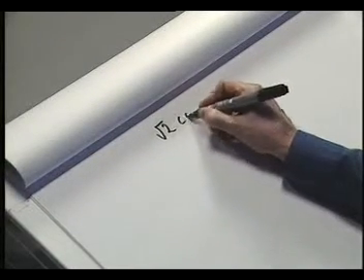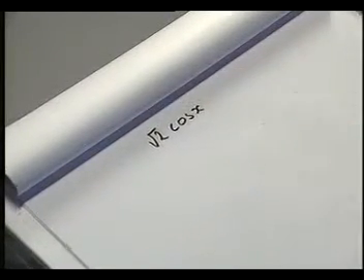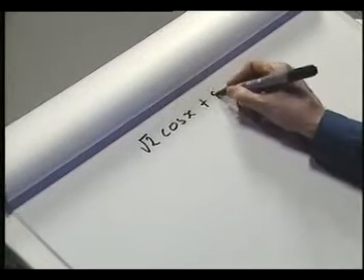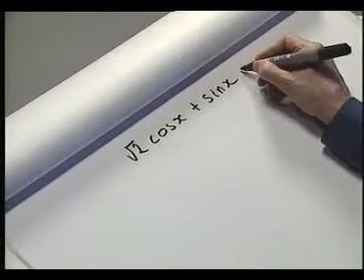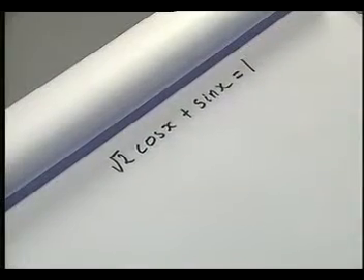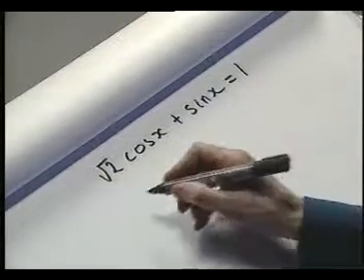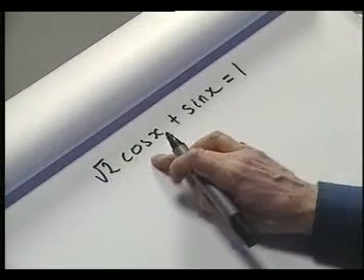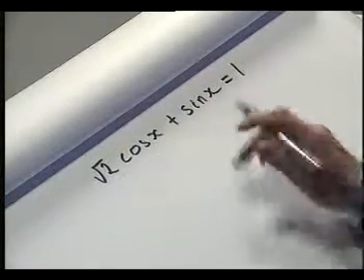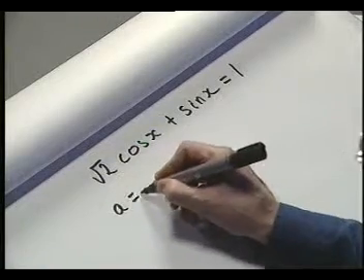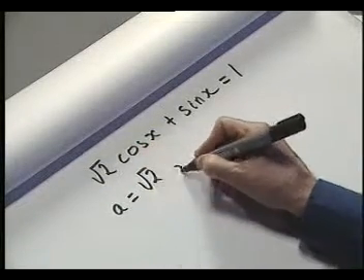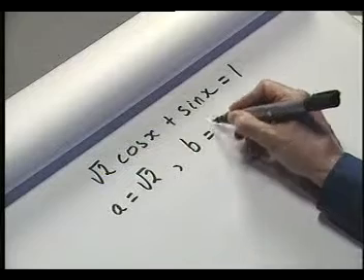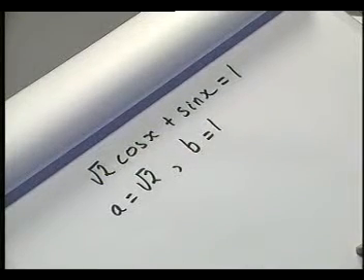Root 2 cos x plus sin x equals 1. Now if we compare this with the standard form we've been working with, a cos x plus b sin x, then a is equal to root 2 and b is equal to 1.